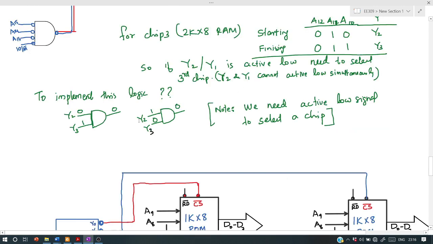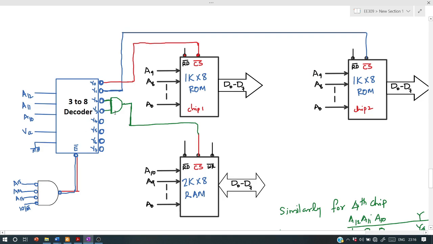Similarly, when Y2 is 1 and Y3 is 0, again we obtain 0. So the inputs to this AND gate are Y2 and Y3. Whenever any one of these becomes 0, the output becomes 0. So by means of that active low signal, we can select the first 2K into 8 RAM chip.